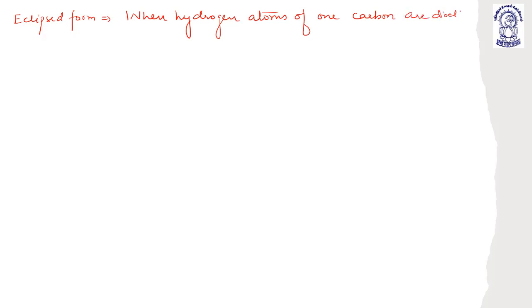Eclipsed form is when hydrogen atoms of one carbon are directly behind the other. Staggered form: the hydrogens of the two carbons are at maximum distance.